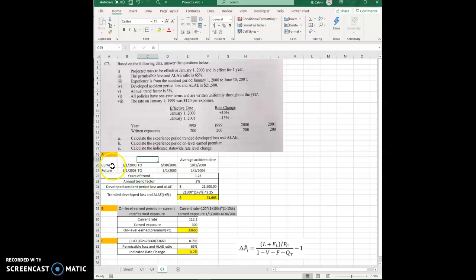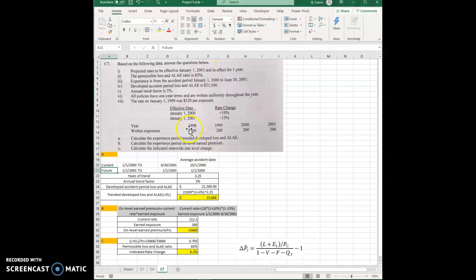So what we need to know is the years of trend. Here's the way. For the current period, from condition 3, we know that the period is from January 1st, 2000 to June 30, 2001. So the average accident date is October 1st, 2000. And for the future period, the projected rate is to be effective January 1st, 2003.